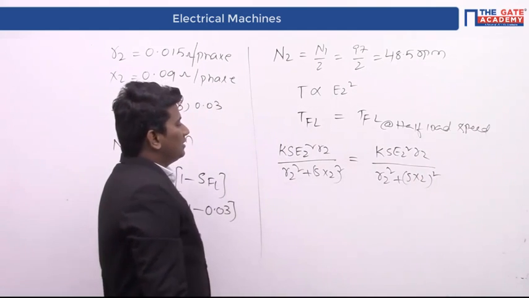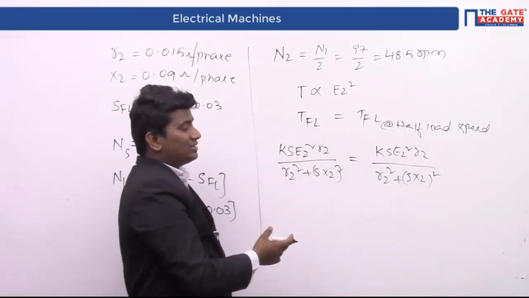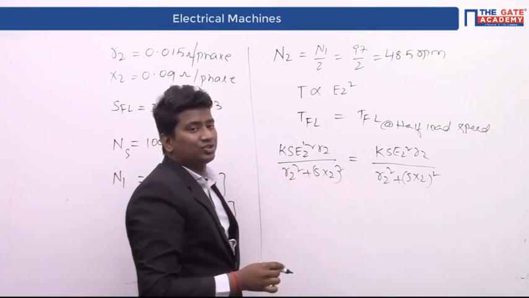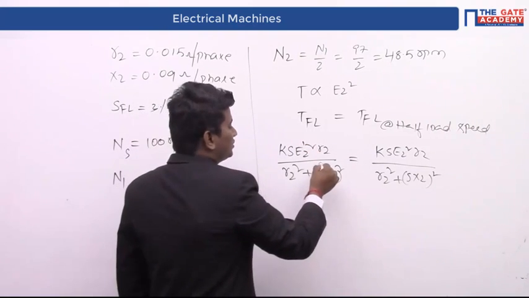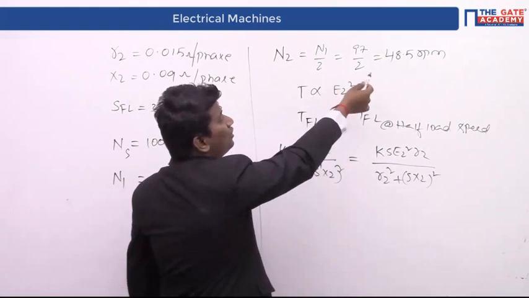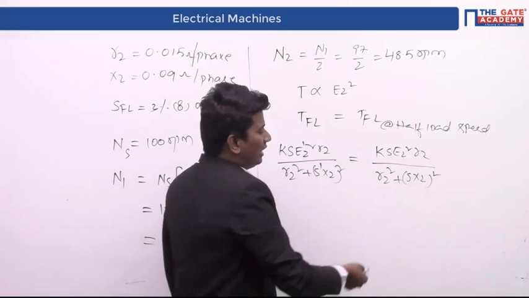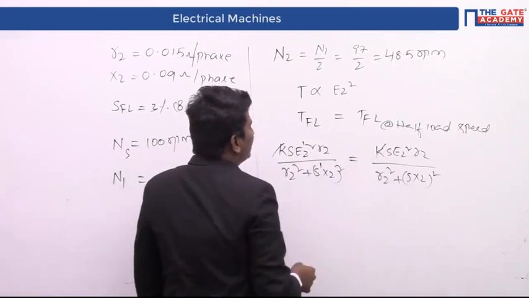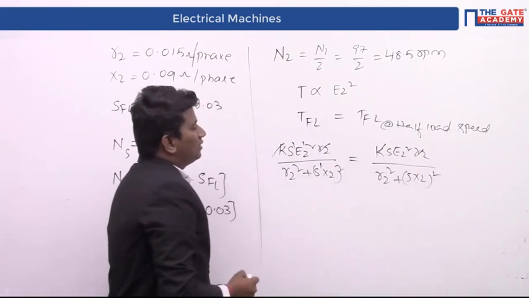In this, E2 square before changing the speed I will represent with E2 dash square, and similarly before changing the speed its slip is S dash. After changing the speed to half load speed, it will be E2 square with slip S. Now K gets cancelled, and R2 gets cancelled.